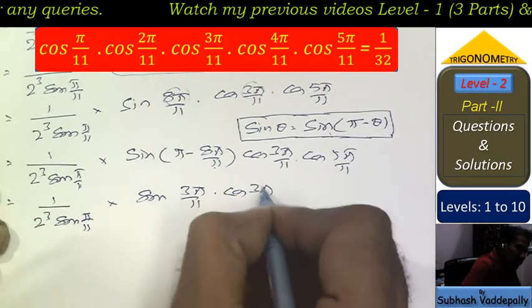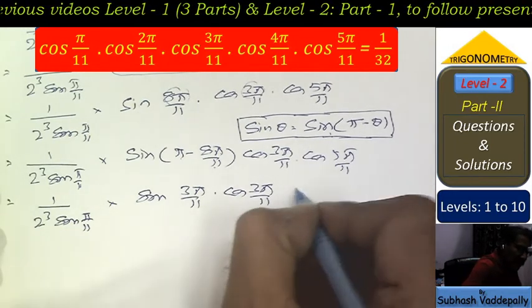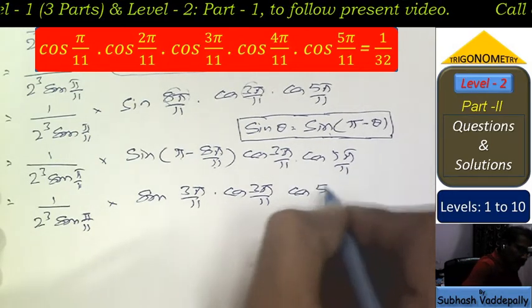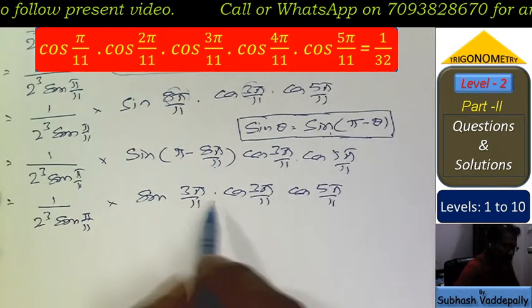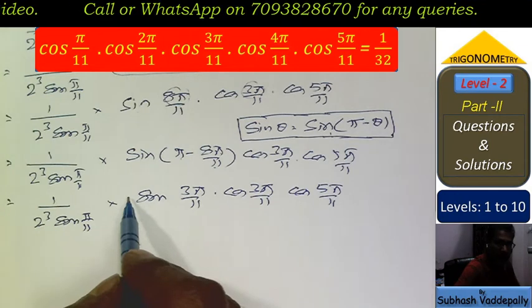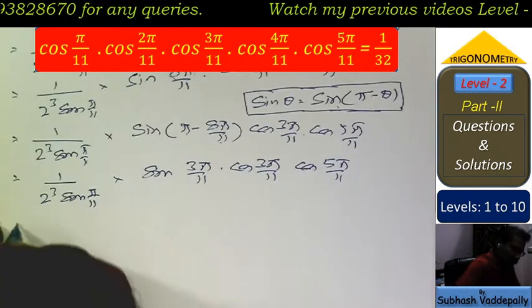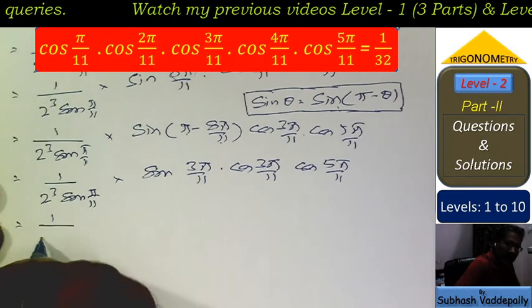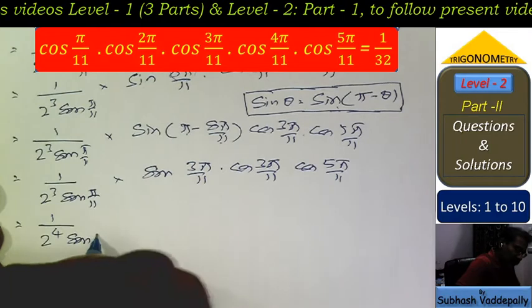I think you understood why I wrote it like that, again to get the previous formula. Okay, cos 5 pi by 11. Here to get this formula again, I need one more 2, that's why here I multiply and divide by 2 again. Okay, so here I get 1 divided by 2 power 4 and sine pi by 11.